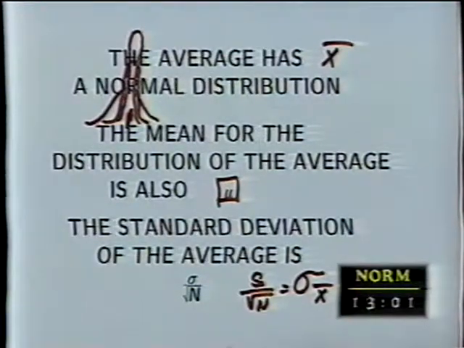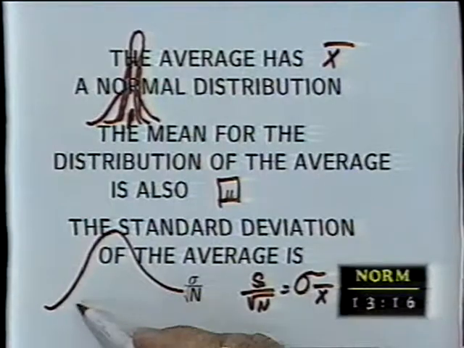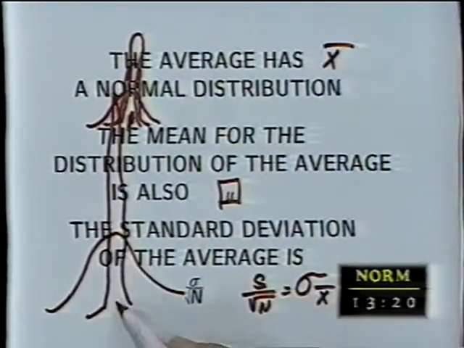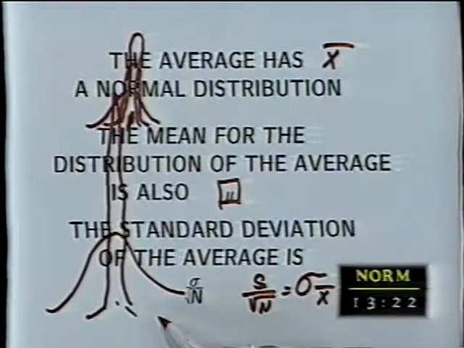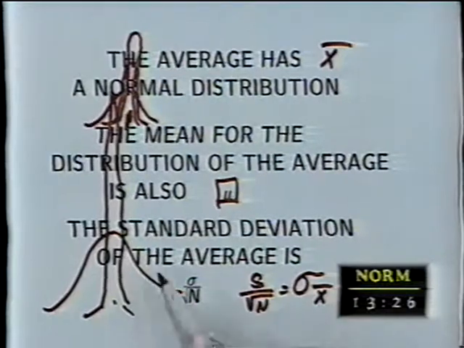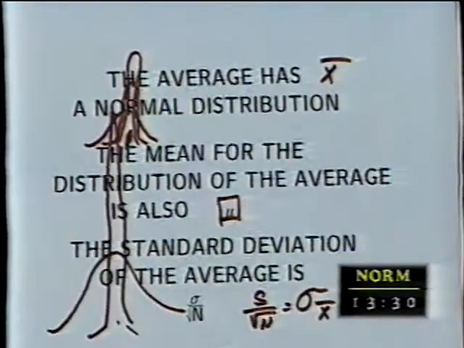That's the standard deviation of the distribution of x bar, right? Which is smaller, and smaller by the square root of n. If I had 100 observations, that would mean that the distribution of the data might look like this, but the distribution of the average is going to be 10 times smaller. Okay? Its spread is going to be 1/10 that of the original distribution when n is 100. When n is 4, it's half the size. It goes down as the square root of the number of observations.